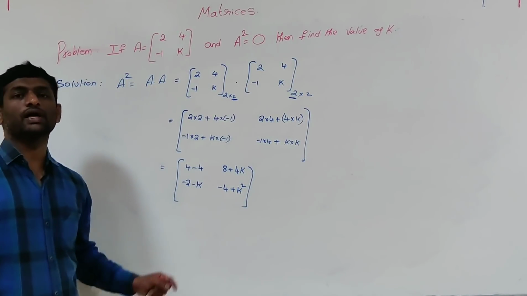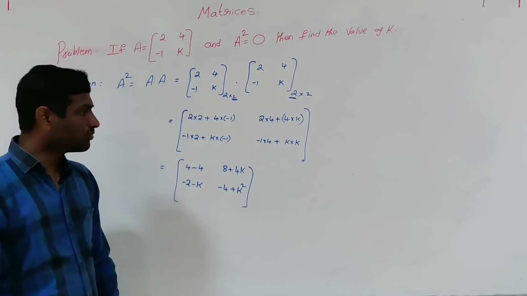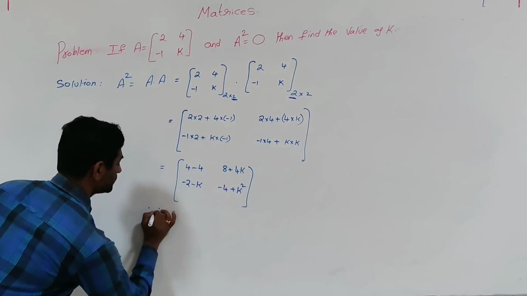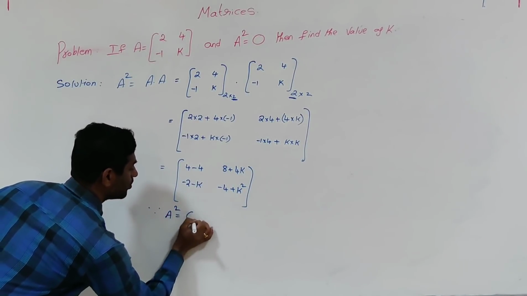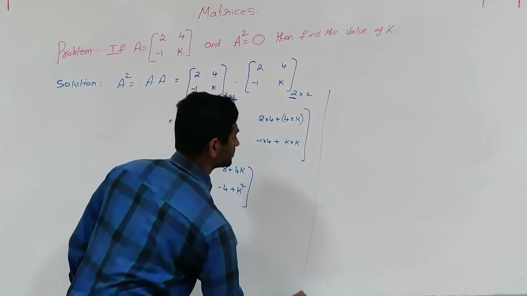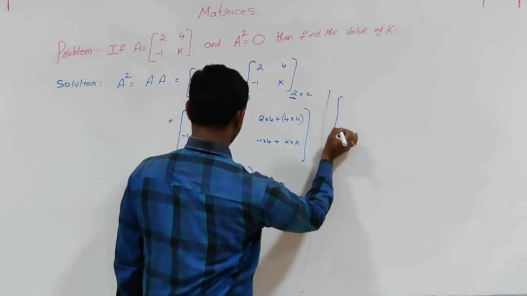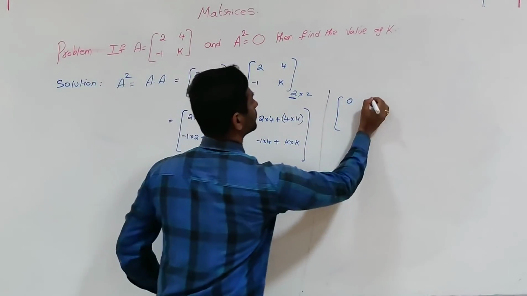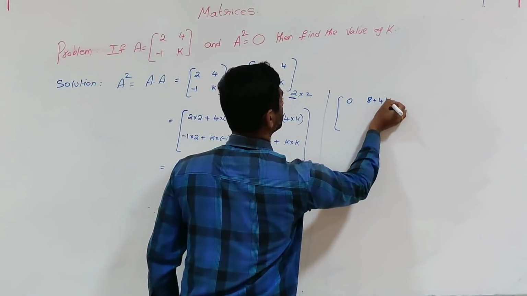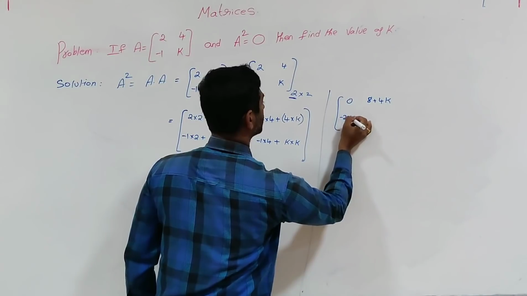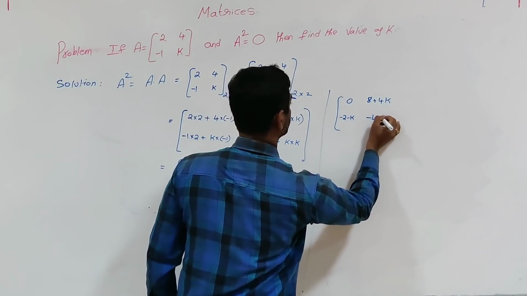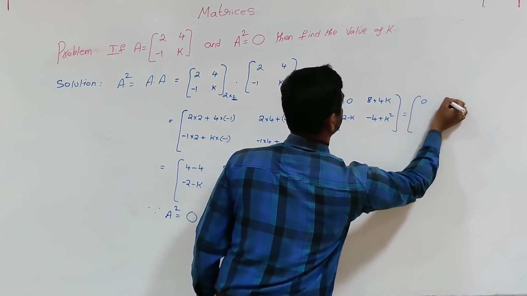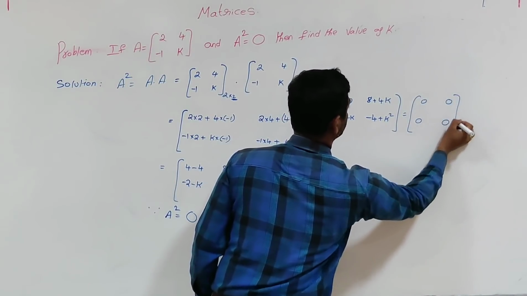Now this A square is compared with the zero matrix of the same size. Since A square is equal to O, [0, 8 plus 4K; minus 2 minus K, minus 4 plus K square] is equal to [0, 0; 0, 0], which is a 2 by 2 matrix.